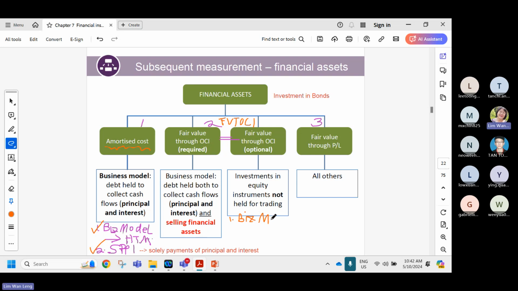But this business model is what? Hold to maturity plus sell if the price is good. And then the second one is still the SPPI.